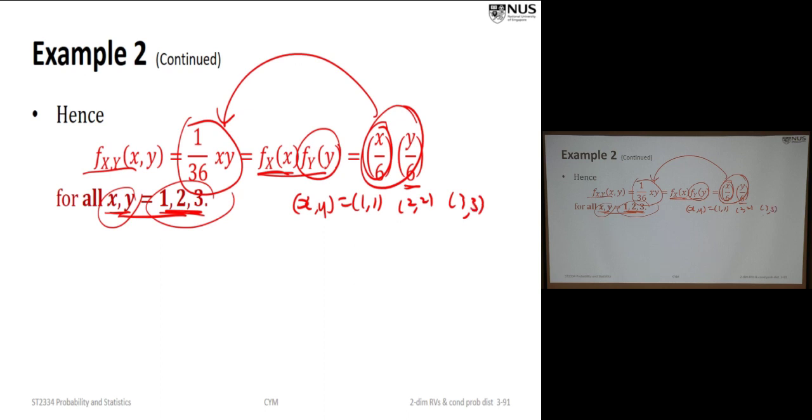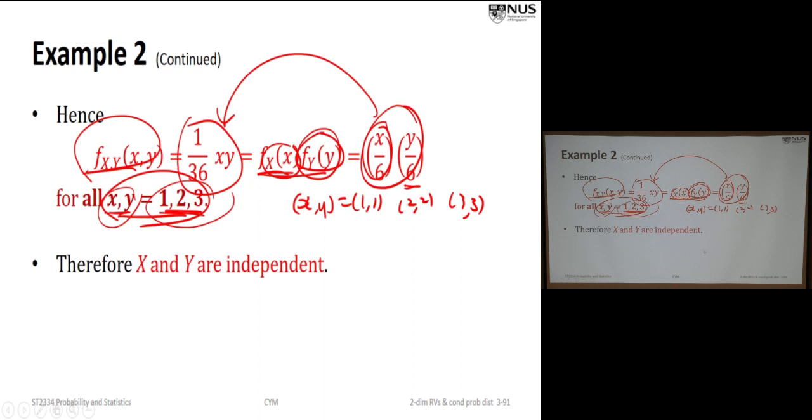No, it simply means that x can take 1, 2, 3 and y can also take 1, 2, 3. I did not say anything about x equal to y. So x and y can take any values so long as they are 1, 2, 3. So long as x and y take values 1, 2, 3, the statement f of xy equal to f of x times f of y holds. So x and y are independent.